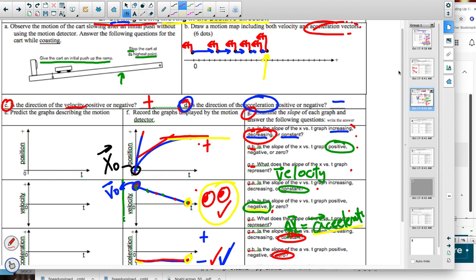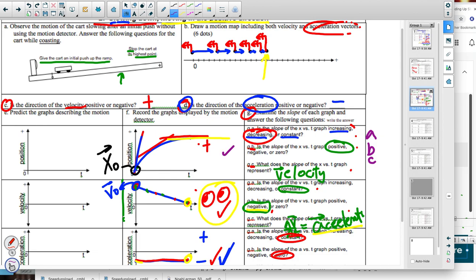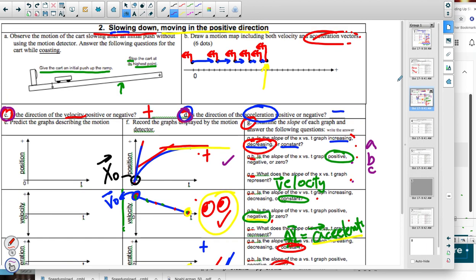In part G, you're filling out your ABCs, describing the slope of the corresponding graphs as increasing, decreasing, or constant, positive, negative, or 0, and telling us what the slope of each of those graphs represents. After you fill out your ABCs, I'd come back up here and fill out part C, which direction is the velocity, D, which direction is the acceleration, and I would come back and do the motion maps last. I hope that helps.